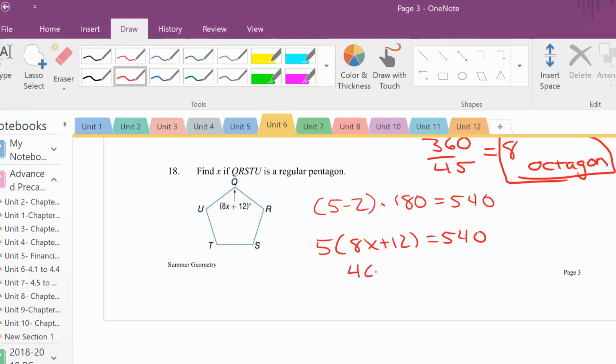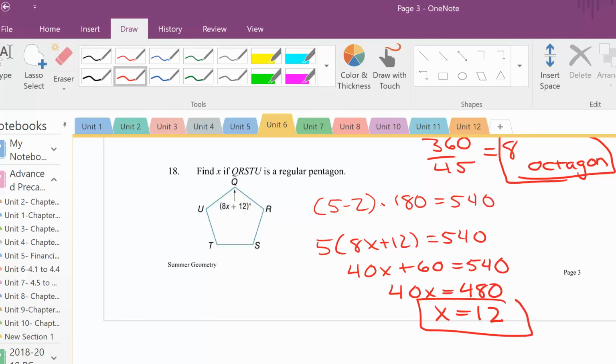So 40x + 60 is equal to 540. So 40x equals 480, and x is going to equal 12.